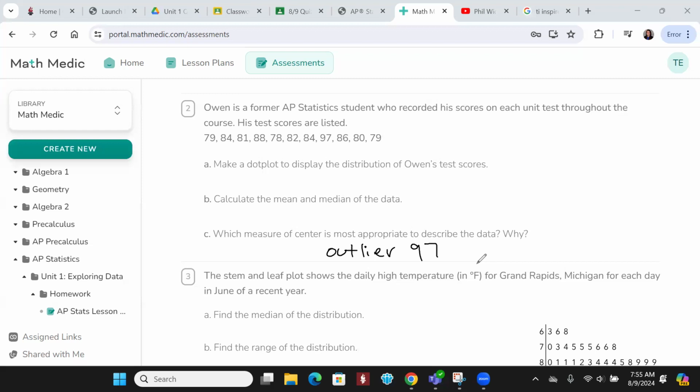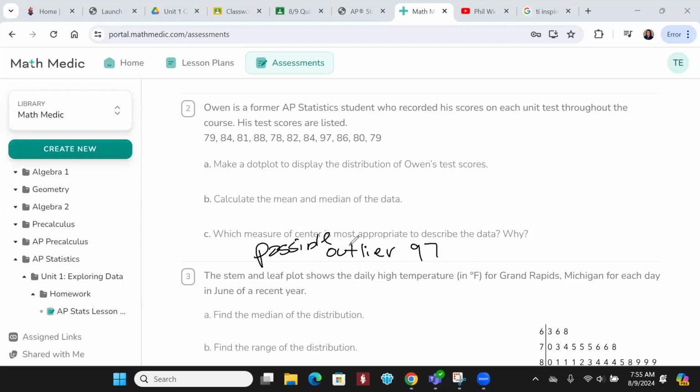You could say 97 is a possible outlier because it's not asking you to do the calculations. If it did ask you for the calculations, you need to show all of that. Yes, you could say possible. Here, I would take that.